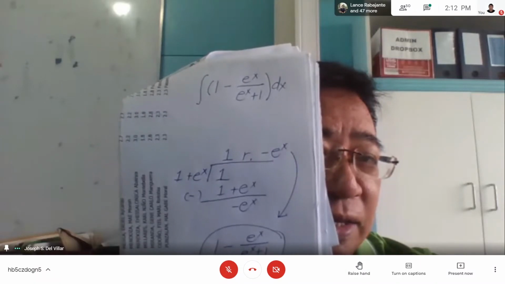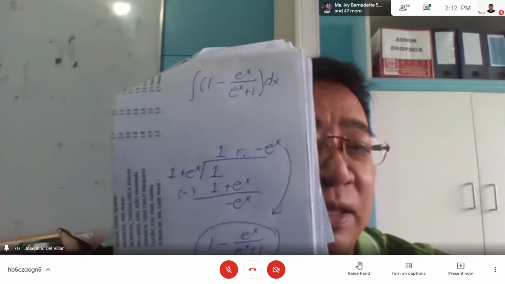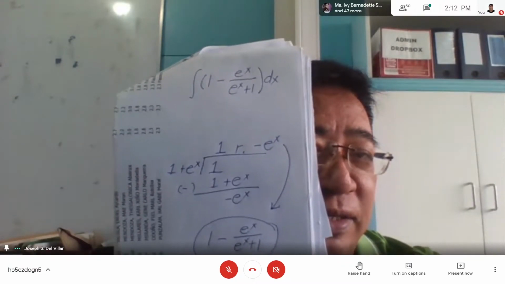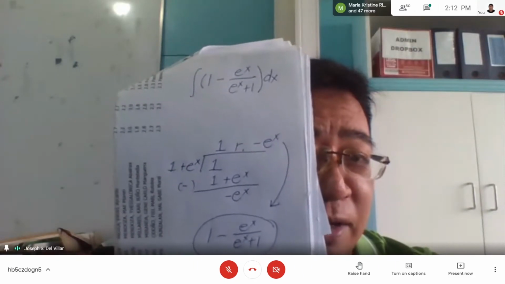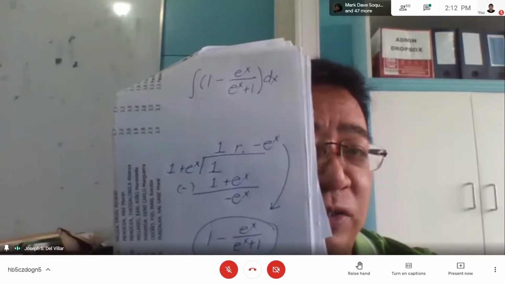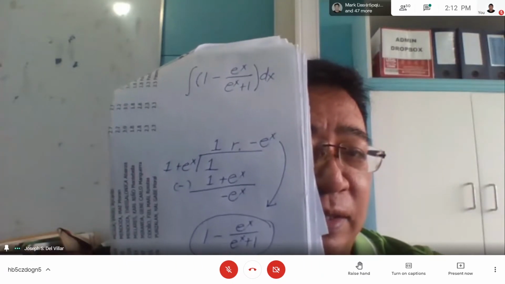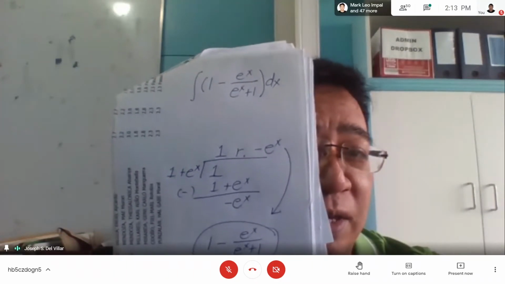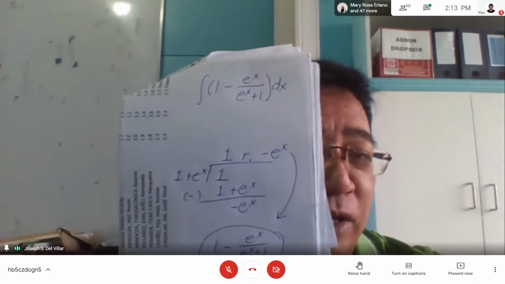The process is simple: simply divide. Divide, and if there is a remainder, express that as a fraction, so that the resulting quotient is the one to be integrated.